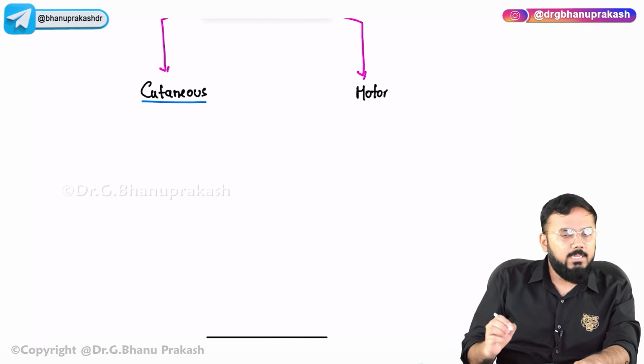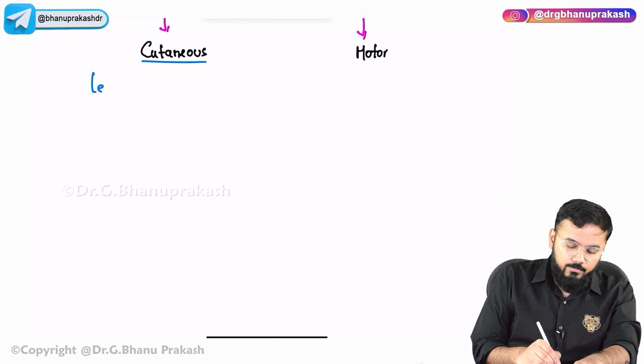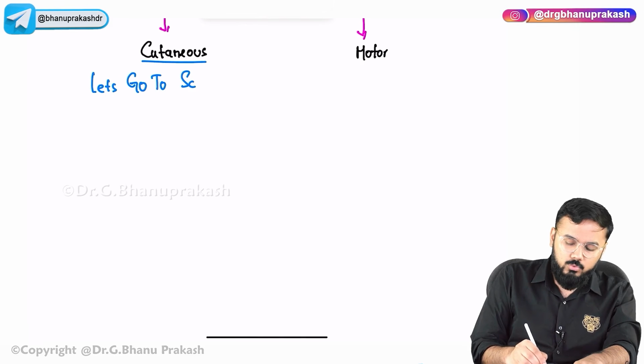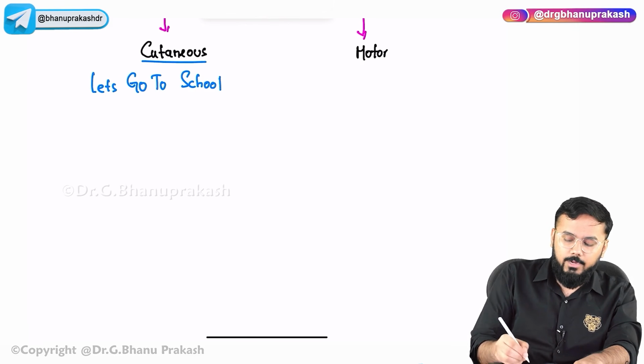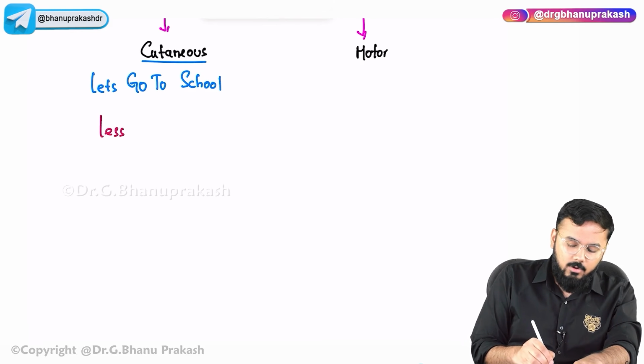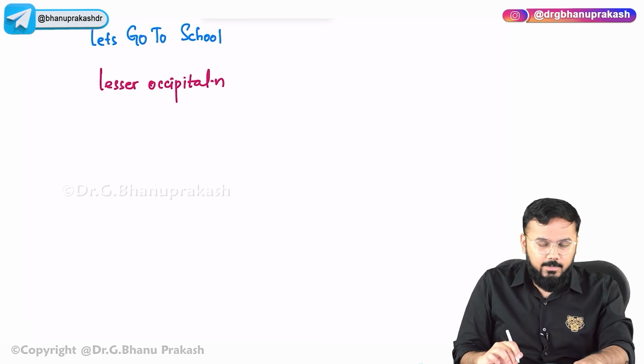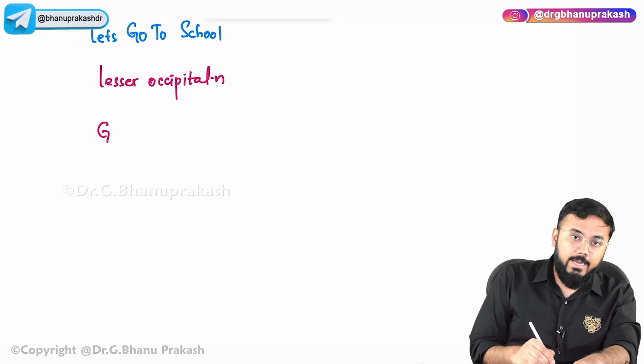What are the cutaneous branches it gives? You can remember them by the mnemonic "Let's go to school." L stands for lesser occipital nerve. G stands for greater auricular nerve.